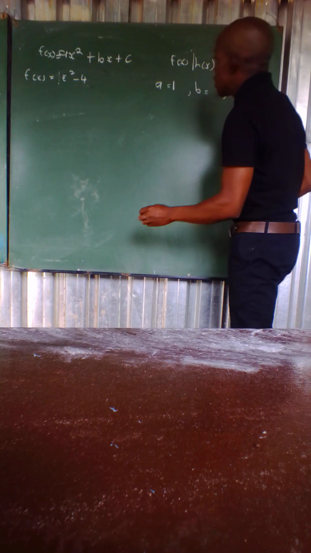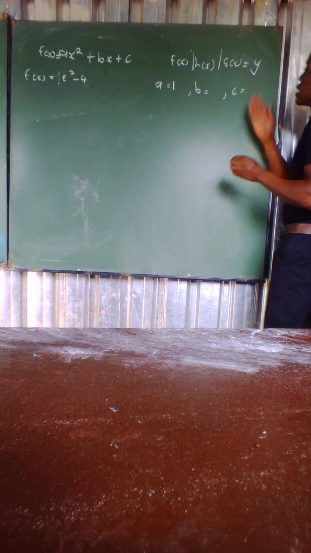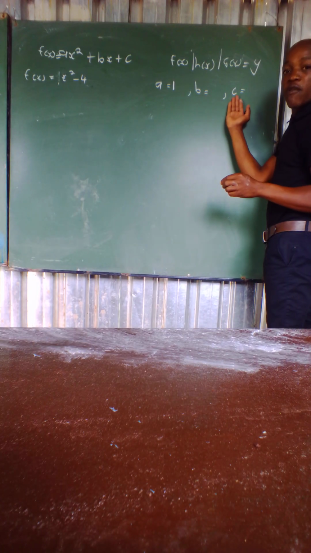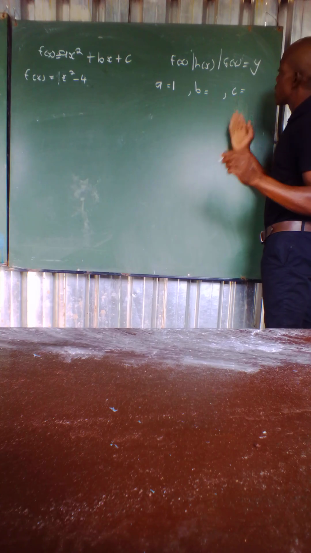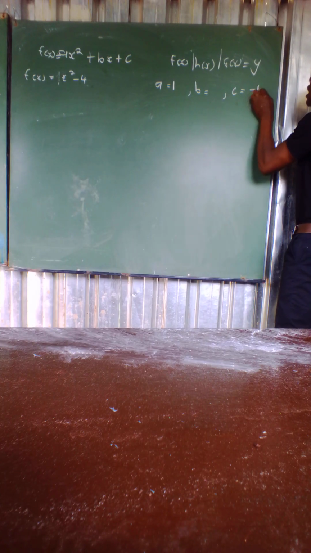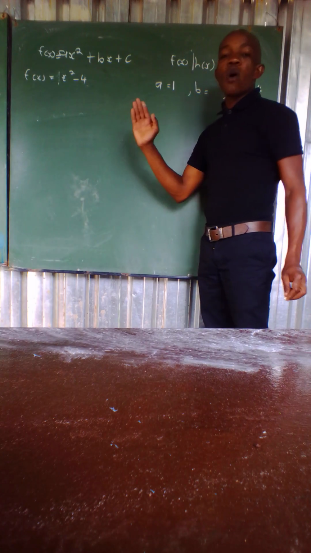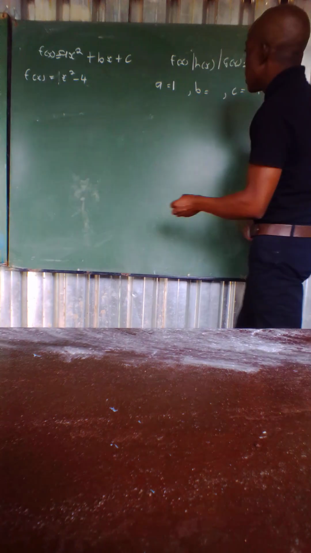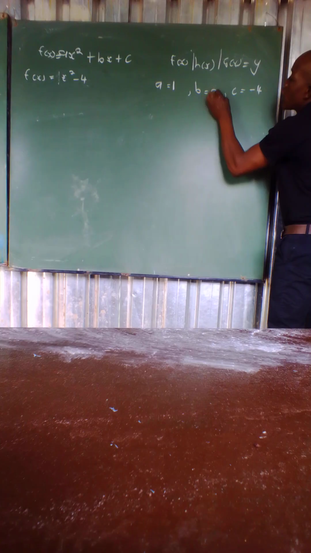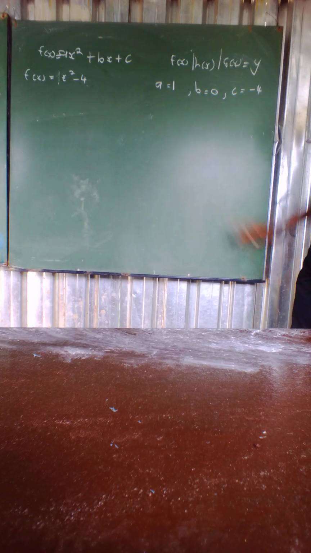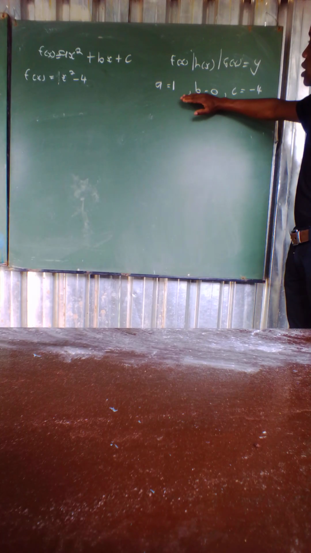The value of c is always the y-intercept, if you remember from your grade 10. So the value of c is negative 4. Now, what is the value of b? We do not have the middle term, which means our value of b is equal to 0. I think you all understand this information.